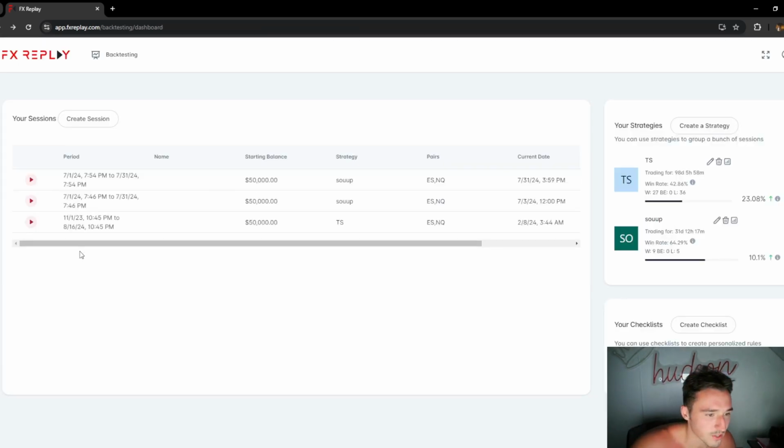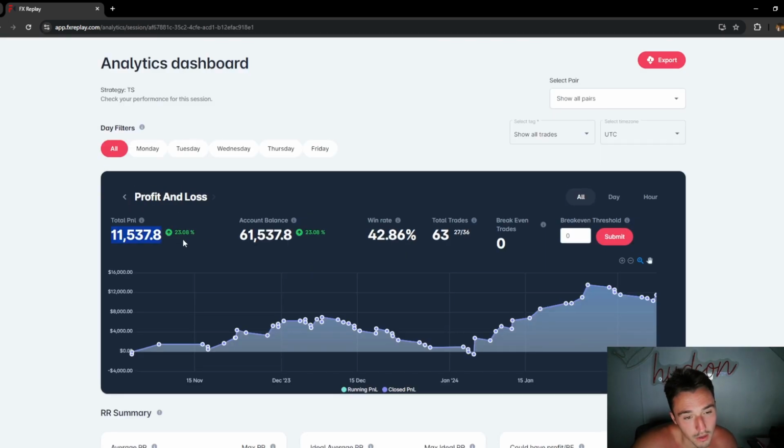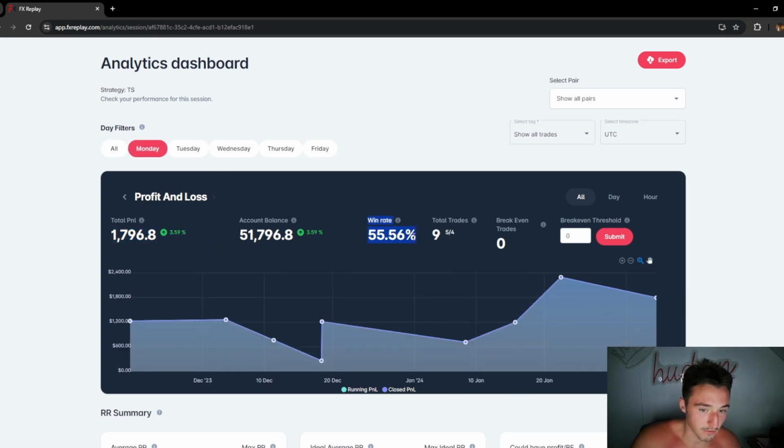Oh, whenever I was first testing this is the first one, I think. Average profit and loss, I'm up 11K on it, and that's why I was surprised my average win rate was 60%, because this one was 42%. Monday, 55%, so 1,800.